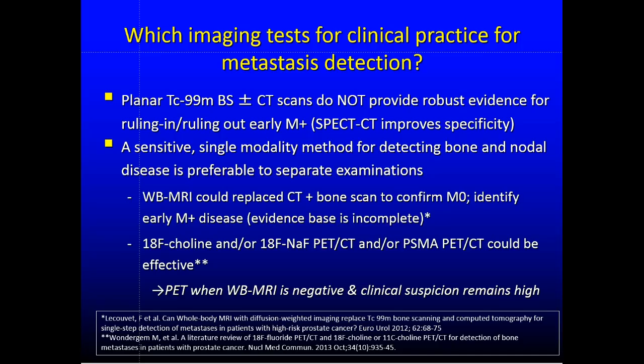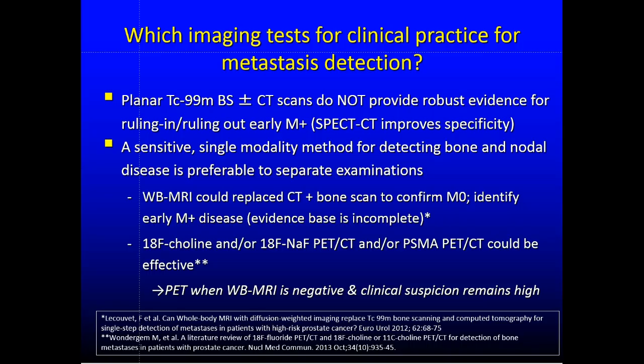We think that a more sensitive modality should be used, preferably a single modality that detects both bone and soft tissue disease. We think that whole body MRI could replace the use of combined CT and bone scans. Other alternatives would be something like fluorocholine, sodium fluoride PET, or even PSMA PET.